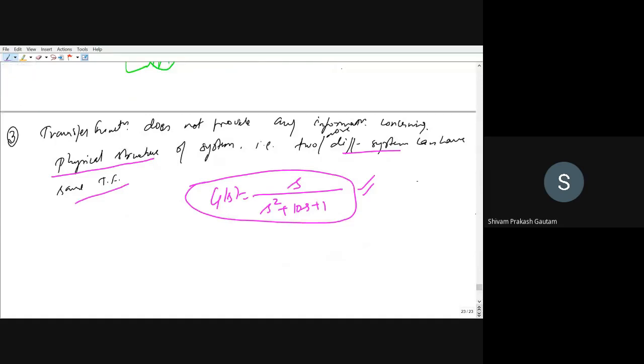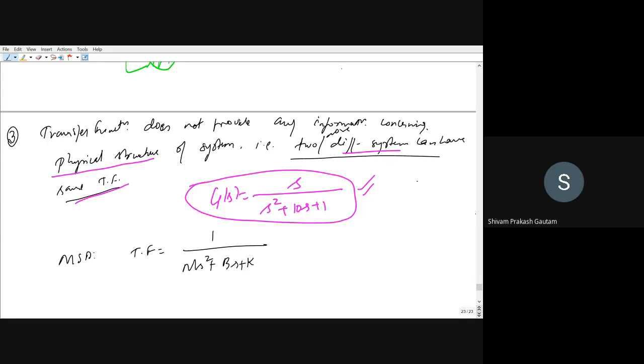To make this last statement clear, let us consider a mass spring damper system. We have already studied the mass spring damper system, that is translational motion. Let us consider its transfer function to be 1 upon ms square plus bs plus k.